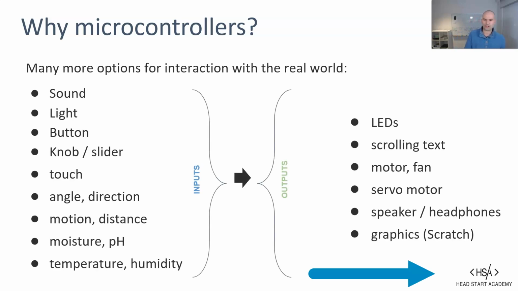So why microcontrollers? Look, if you want to interact with the real world, you need something other than a computer. See, a computer is a limited device in that, let's say a tablet, you've got the touch input, and maybe it has a microphone so you can speak to it. And the output is pixels on a screen and sound. Computer, same thing. Keyboard, mouse, pixels on a screen, sound.